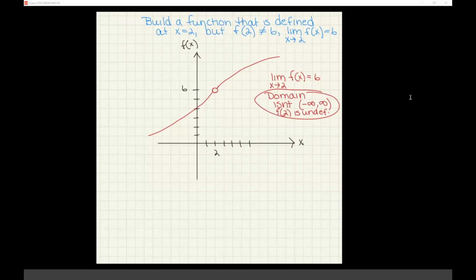Try to make a function where 2 is in the numerator and denominator. Again, I'm not trying to come up with a function rule, I'm trying to come up with a picture. Don't make it complicated, I'm trying to come up with a graph. Can f of 2 be something other than 6?